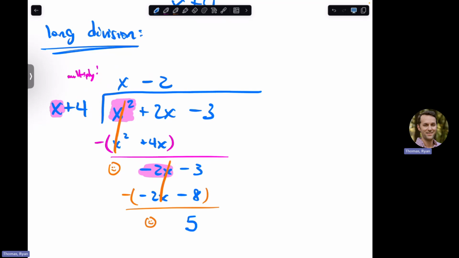Its leading term is x, which is bigger than this constant. There's nothing left to carry down. X doesn't go into 5 a whole number of times, so this is the remainder. Once the degree of whatever's here is smaller than the degree of the thing we're dividing by, we stop. That's our remainder.